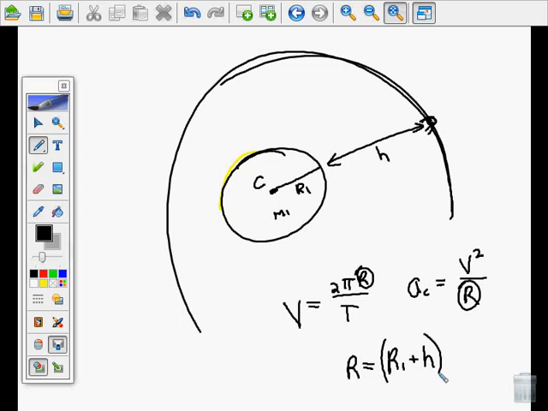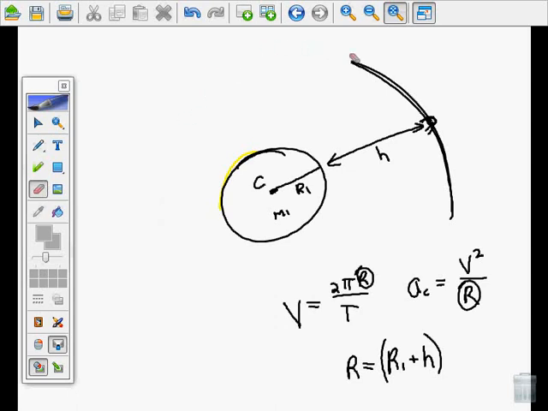Sorry, that's the distance from the center. And that's the distance from the center. That circle's not drawn very nice. But they usually ask it from center or from surface. All depends on the problem. Just read it carefully.